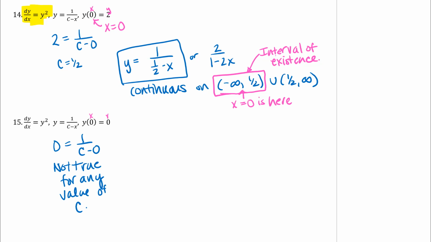So what that means is that although this solution satisfies the differential equation for some initial conditions, like in the previous example, that solution does not satisfy the differential equation for all initial conditions. There is no value of c for which that solution curve would go through the point 0, 0. Remember that these initial conditions really are points that the solution curve would pass through.